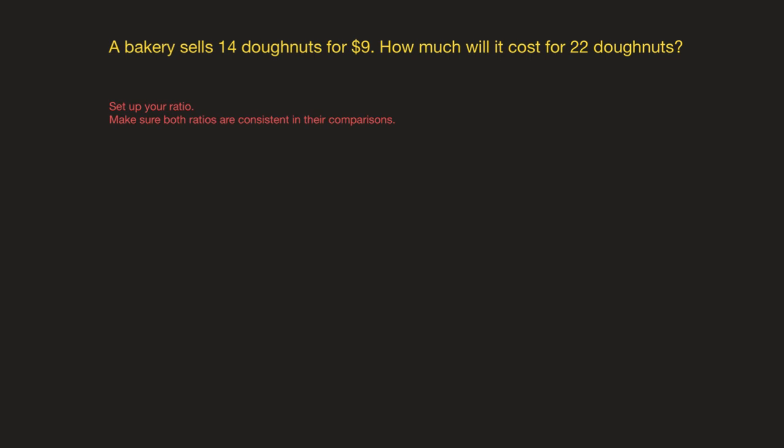So when I say set up your ratio, listen here, guys, it doesn't matter. You can either go donuts over money or money over donuts. You just have to be the same on both sides of the proportion. So what I'm going to do is go donuts over money.